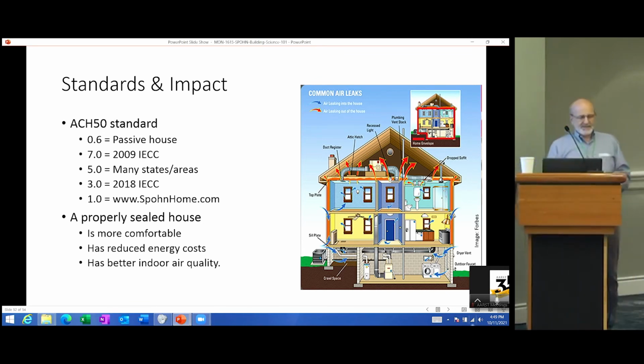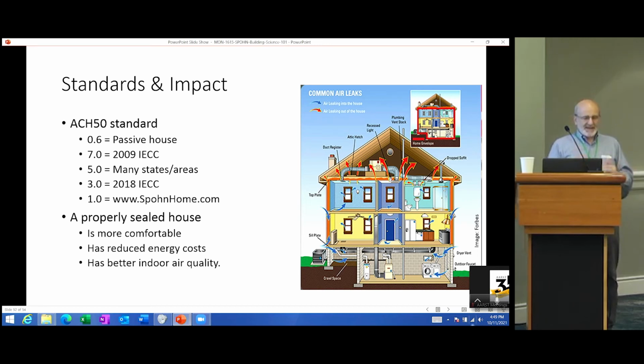So the air changes per hour at 50 Pascal standard. You might be familiar with something called the passive house standard. There are about half a dozen points in the passive house standard, but one of them is air tightness, 0.6 ACH 50. The 2009 IECC is at 7.